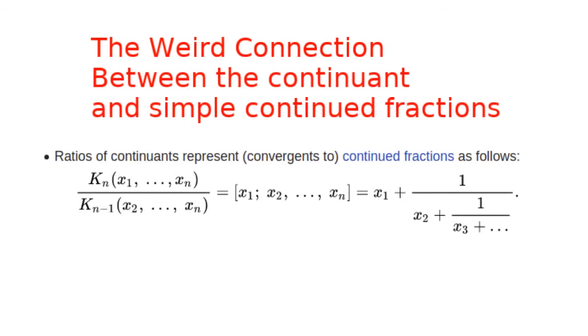Now, the really amazing stuff: the weird connection between continuants and simple continued fractions. I say simple continued fractions because you are looking at continued fractions where the numerator is always one. These continued fractions are pretty neat.